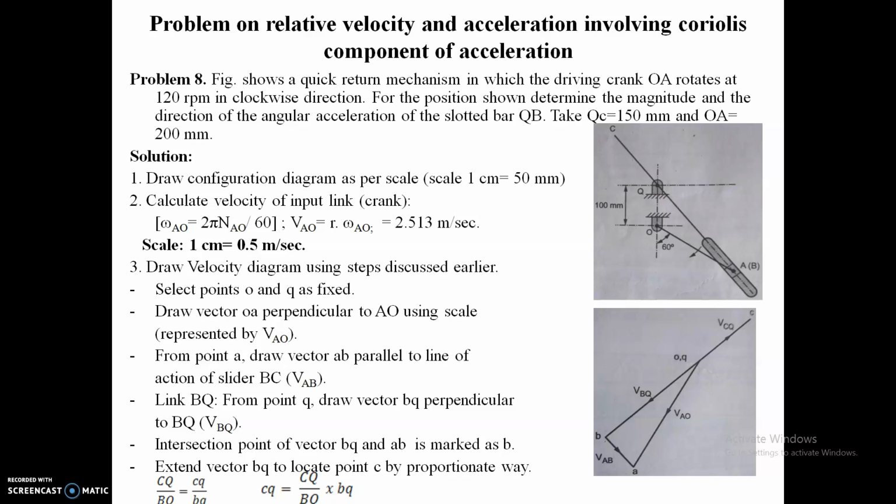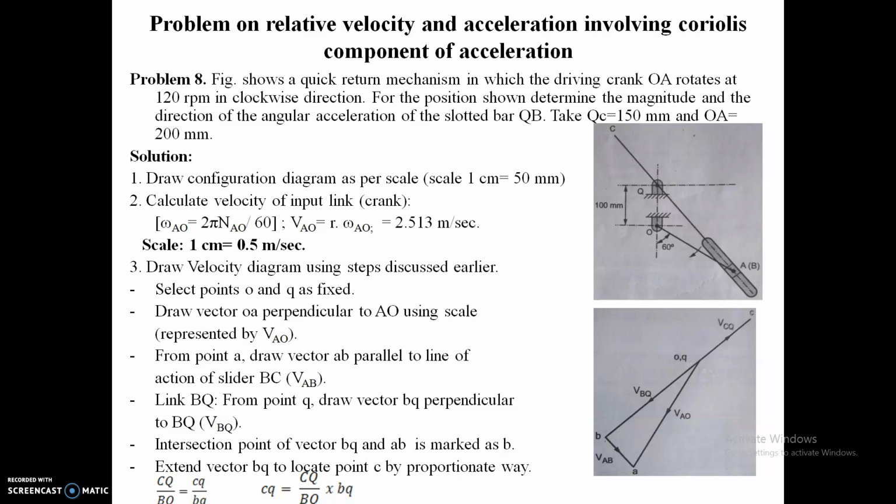So the velocity comes into picture between A and B, and it is always parallel to the link on which the slider is sliding. Accordingly, you take the velocity of A with respect to B; you get the direction, parallel to the link on which the slider is sliding, but you don't know the magnitude.